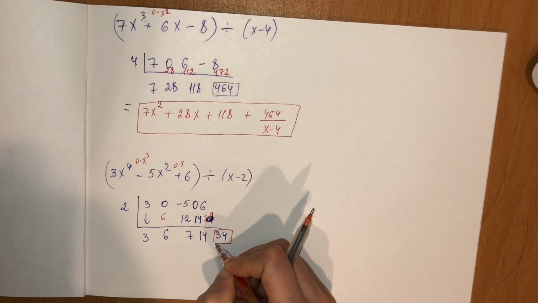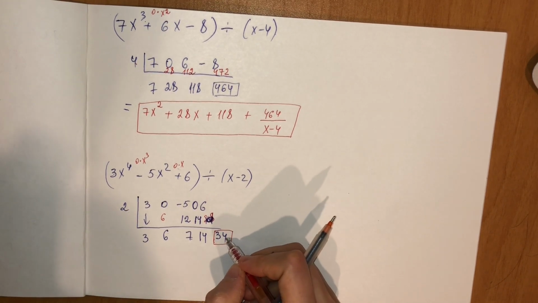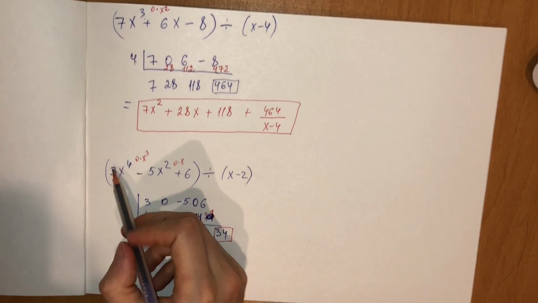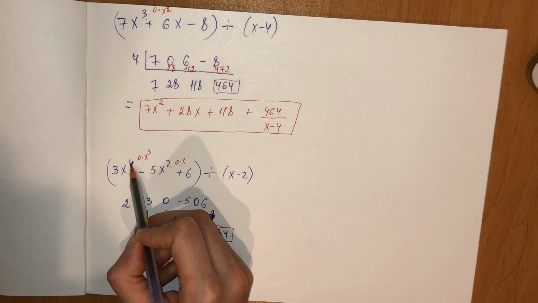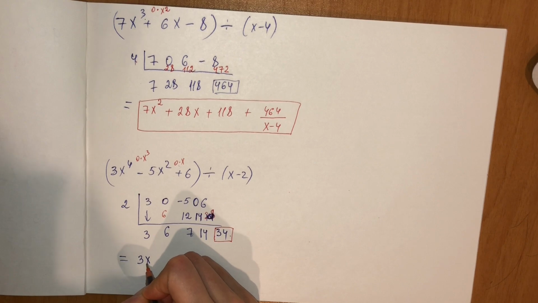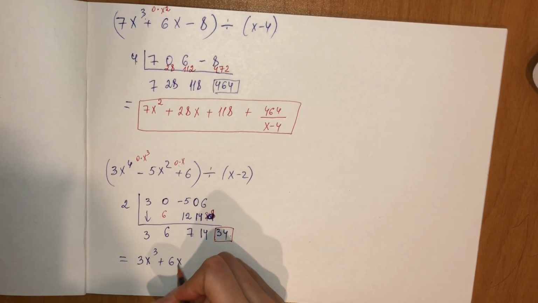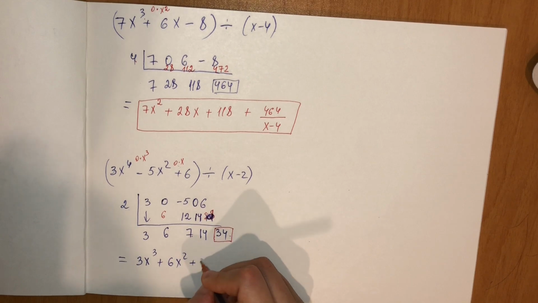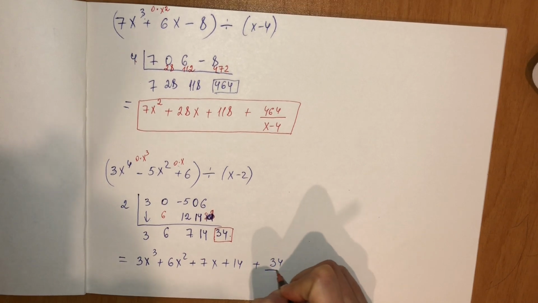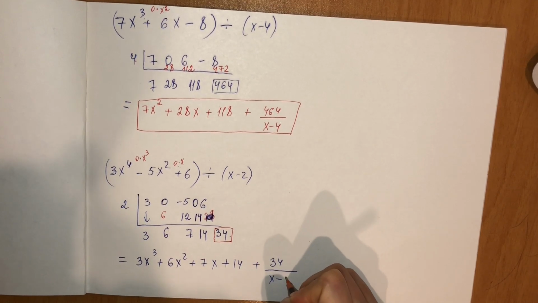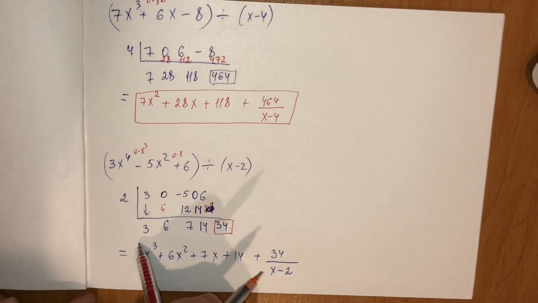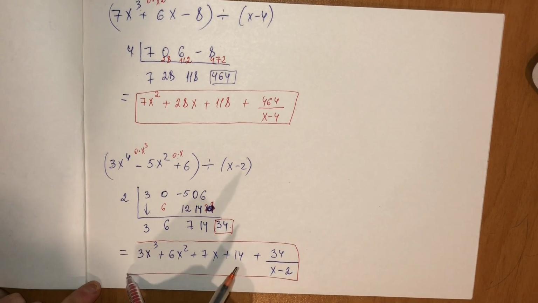As you see, the final number is not equal to 0, so we will have a remainder. If we divide x to the 4 by x, we will get 3 times x cubed plus 6 times x squared plus 7 times x plus 14 plus 34 divided by x minus 2. So this is our final result again.